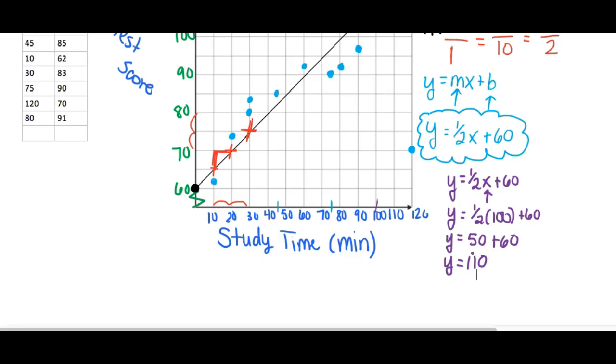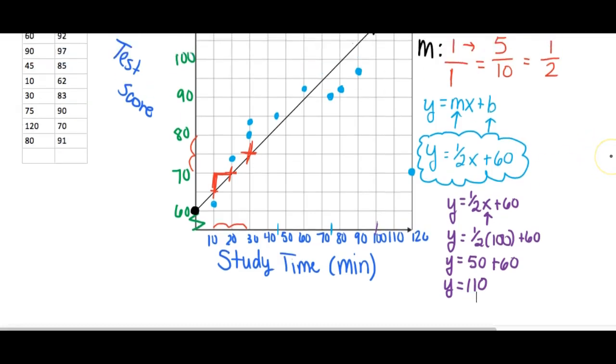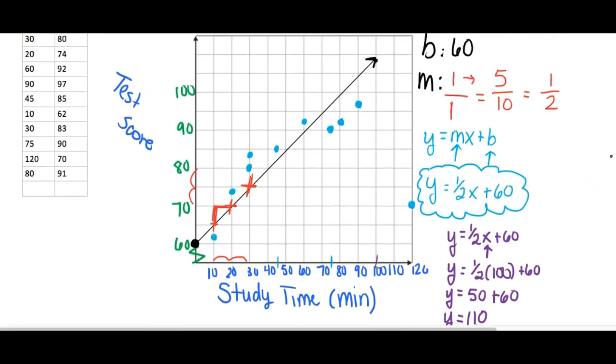Now, let's talk about whether this is realistic. Probably not. Unless your teacher is offering you some extra credit, more than likely that won't happen. We're going to have to cap out and have the highest one be right here with 100. And this is just for test scores.